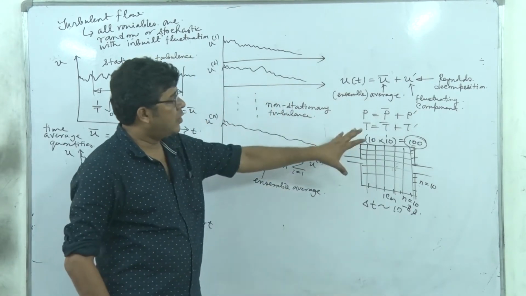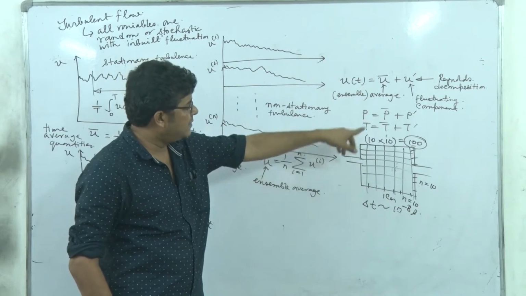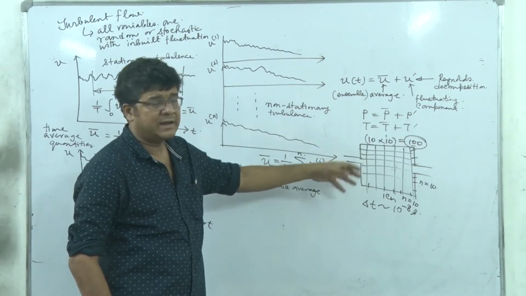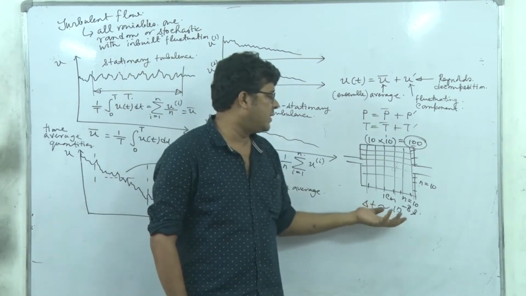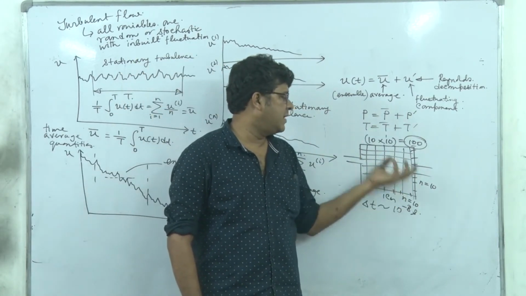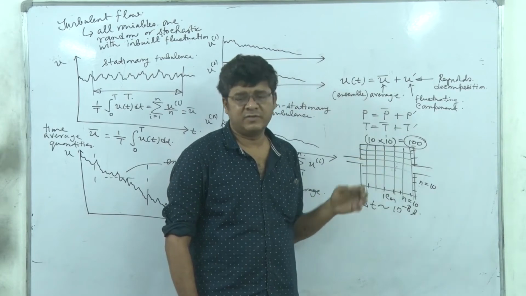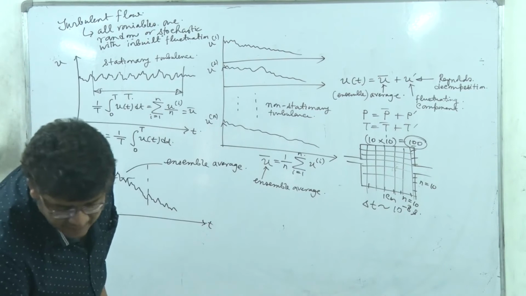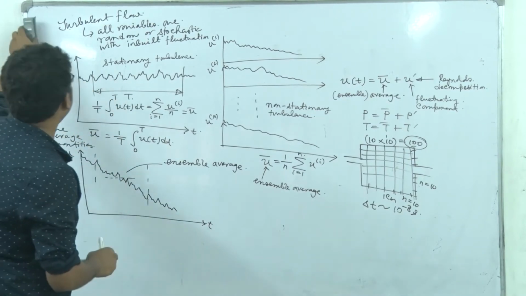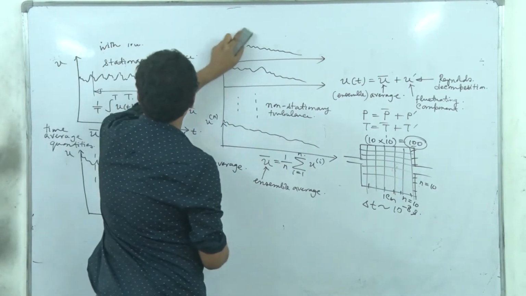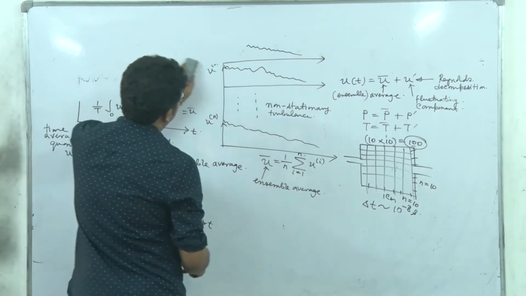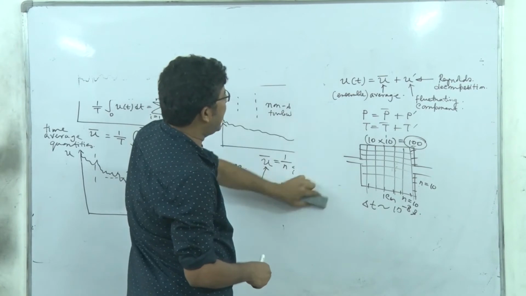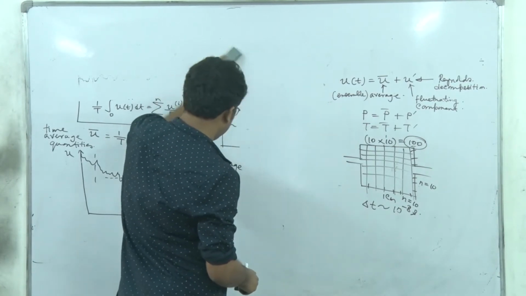Solving the instantaneous Navier-Stokes equation directly is called direct numerical simulation. This is typically difficult even for a small and simple geometry, right? So we will go for averaging this Navier-Stokes equation using Reynolds decomposition, and the resulting equation is called the Reynolds averaged Navier-Stokes equation, or RANS.